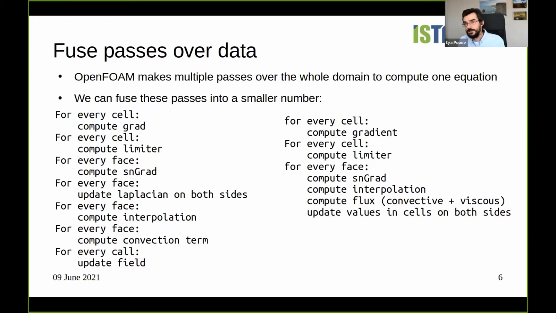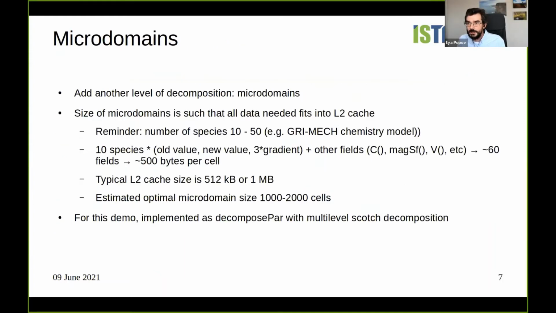So there are several techniques we can use to minimize memory loads. One of them is fusing loops. So instead of many loops over cells and faces, we can fuse them and do only 3 loops over cells and faces. Then the next technique is dividing into microdomains.